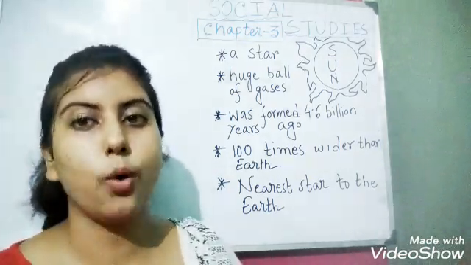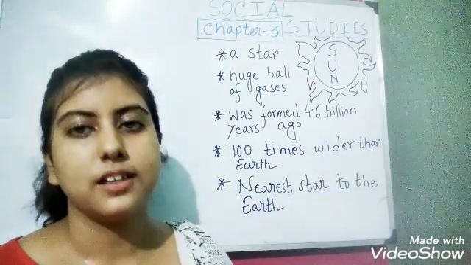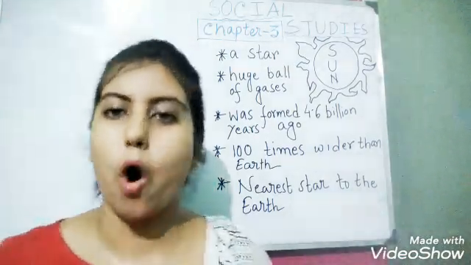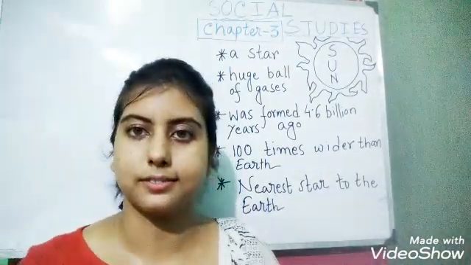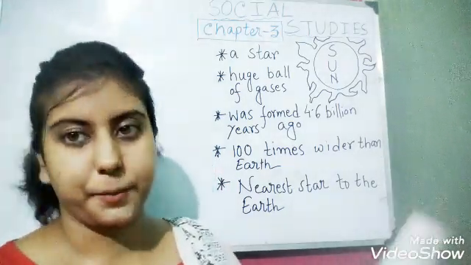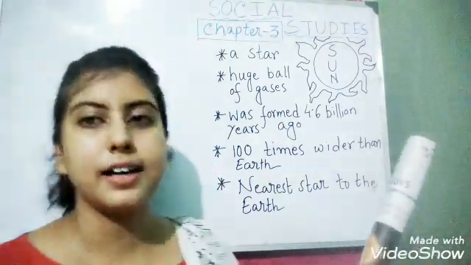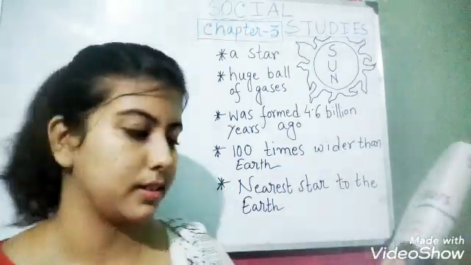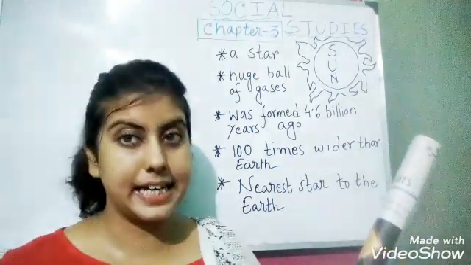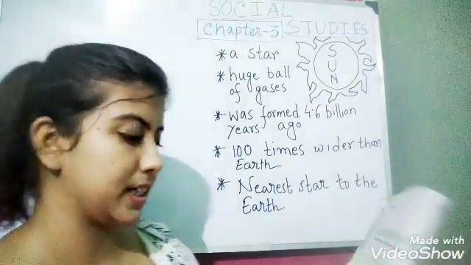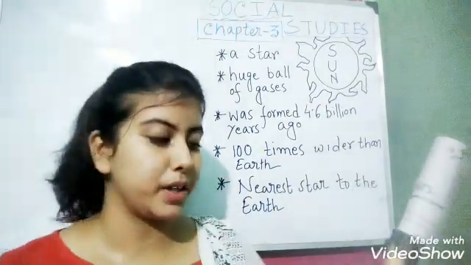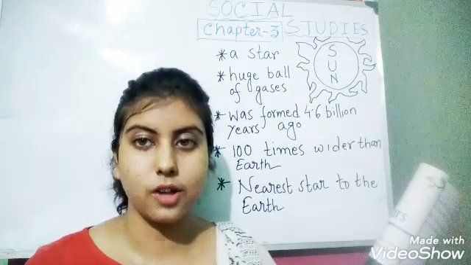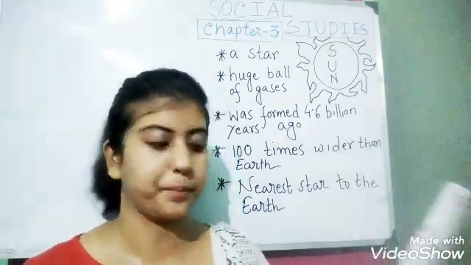Now we will know why the Sun is so important for us. Let's see. The Sun is important to us because it gives us heat and light. Plants prepare food in the presence of sunlight.